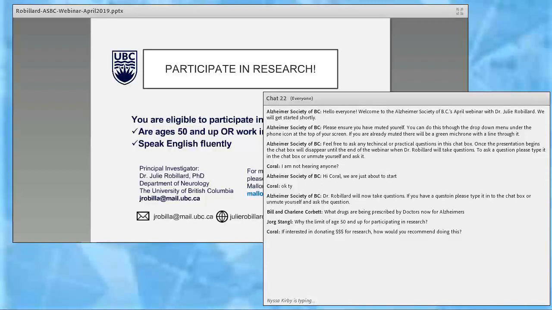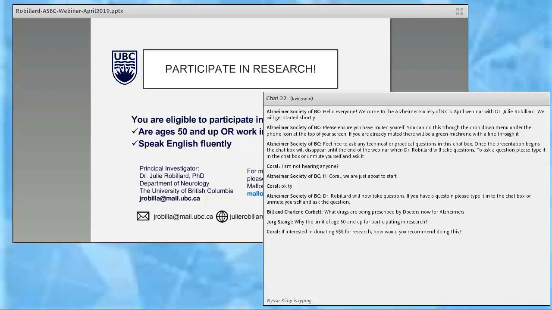I also want to mention that these eligibility criteria on the slide right now are specific to the studies that we're doing in my lab, but in other labs at UBC, at SFU, and elsewhere around the province, people might have different studies where the inclusion criteria is different. For example, where you need to be younger because they're looking at a specific method for prevention. So I encourage you to connect with the Alzheimer's Society and directly with the research community if you can to find opportunities that may be best suited for yourself.